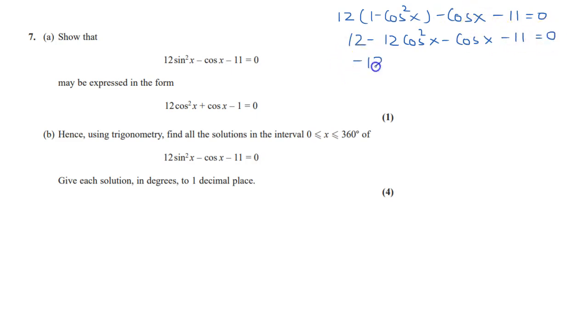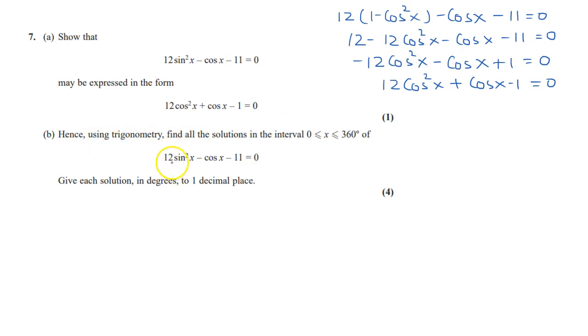So this is minus 12 cos square x minus cos x, and 12 minus 11 is plus 1, is equal to 0. We change all the signs. So 12 cos square x plus cos x minus 1 is equal to 0. So that is what we are supposed to prove. Yeah, this is 1 mark.